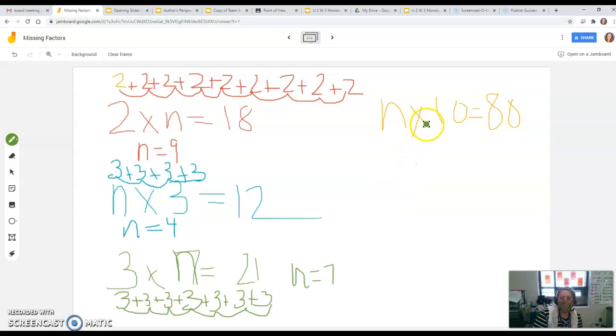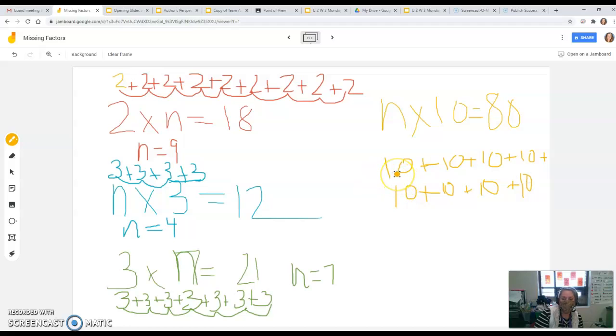And then our last one, we are going to skip count by 10s until we get to 80. So 10, 20, 30, 40, 50, 60, 70, and 80.